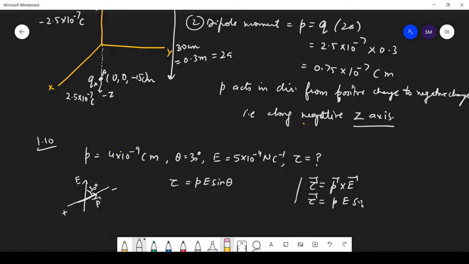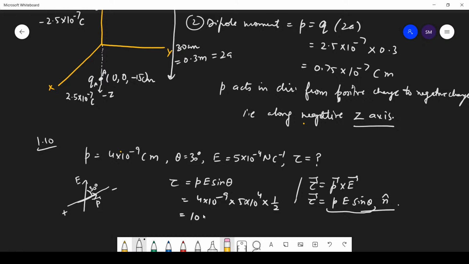So we need to find the magnitude only. P E sine theta: P is given to us, E is given to us, and sine, so we can simply find the values. So put the values: 4 × 10⁻⁹ into 5 × 10⁴ into sine 30. What is sine 30? 1/2.